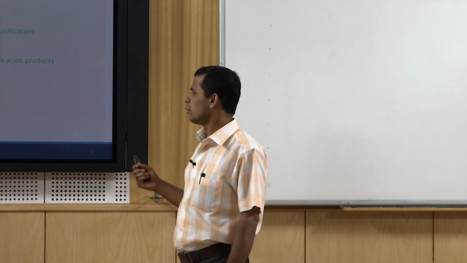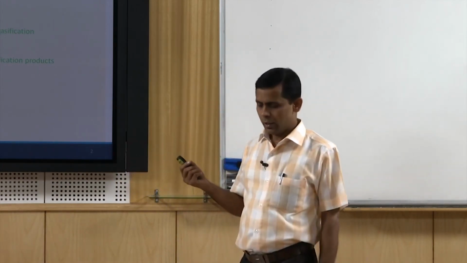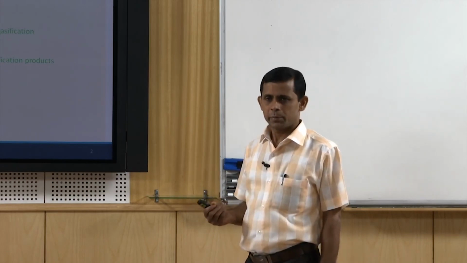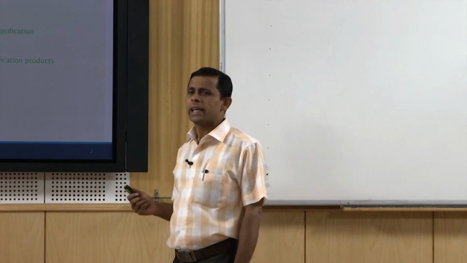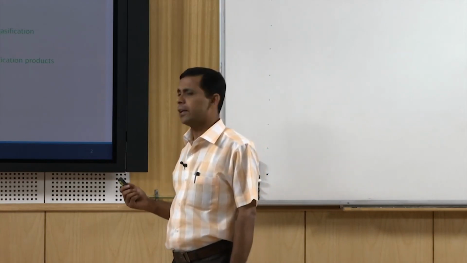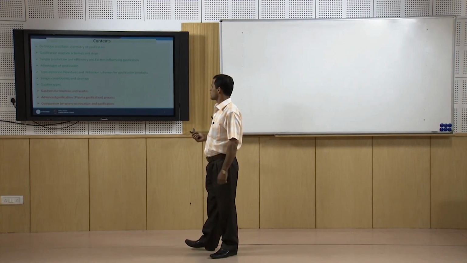All of these will be applicable for coal gasification as well as biomass and waste gasification. And in the second part we will discuss gasifiers for biomass and wastes and advanced gasification, that is the plasma gasification process, which is very important for the processing of hazardous solid wastes, and we will make a comparison of the different incineration and gasification processes in the second part.